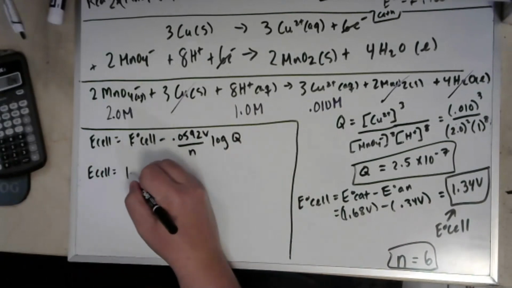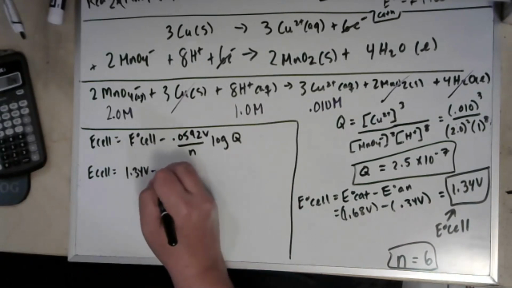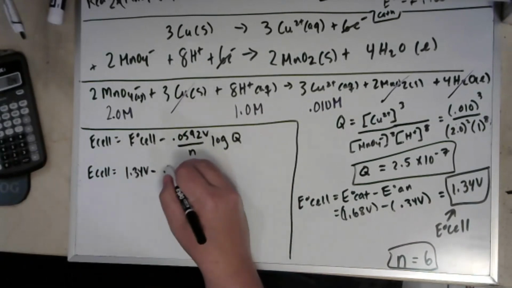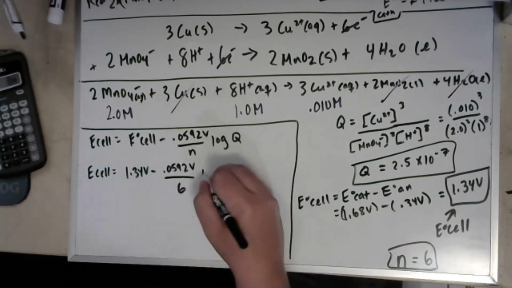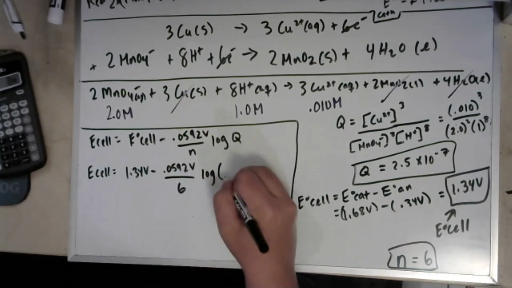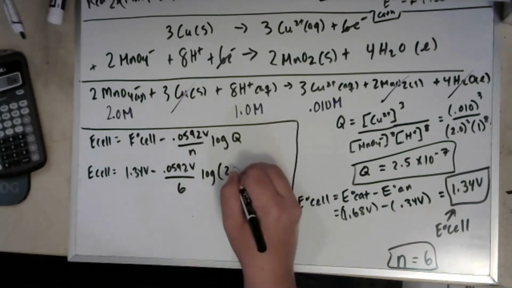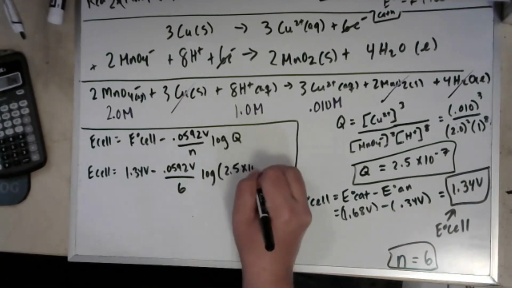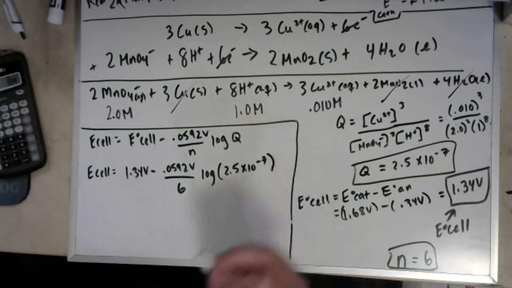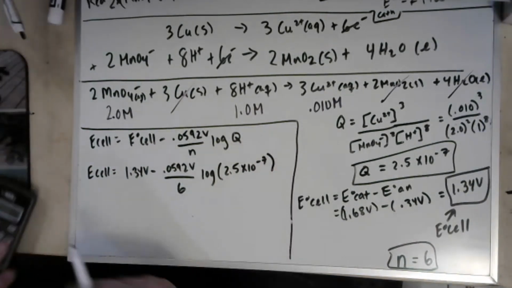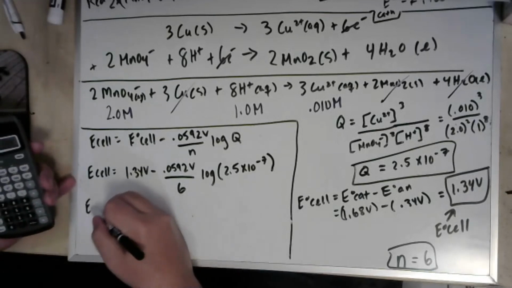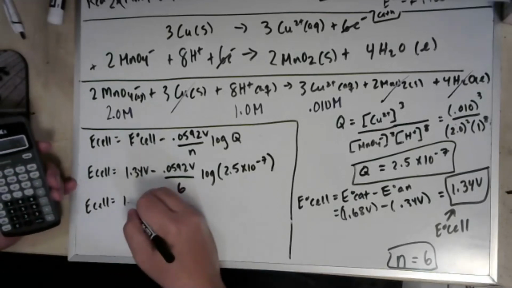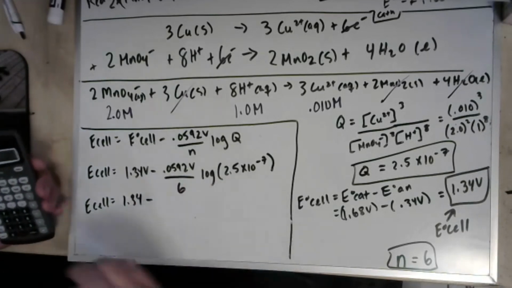So we have 1.34 volts minus 0.0592 V over 6 log 2.5 times 10 to the negative 7. So let's see what that term comes out to be.